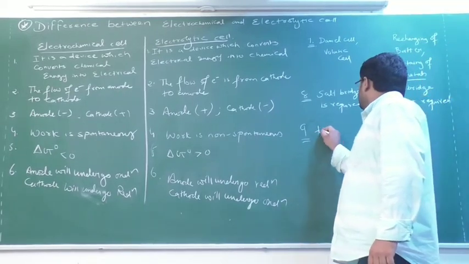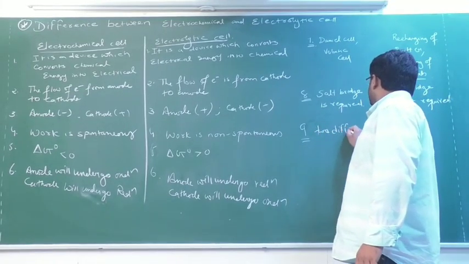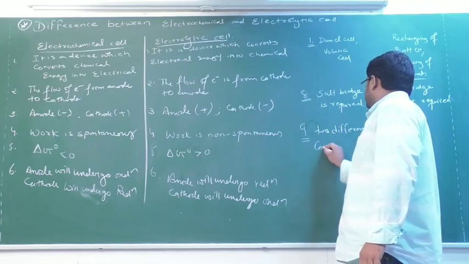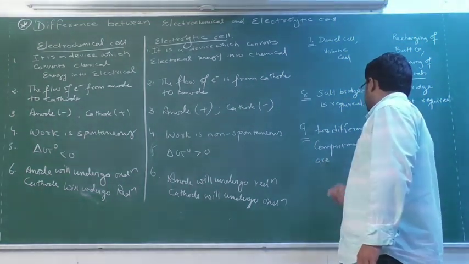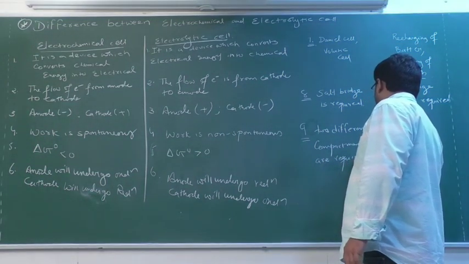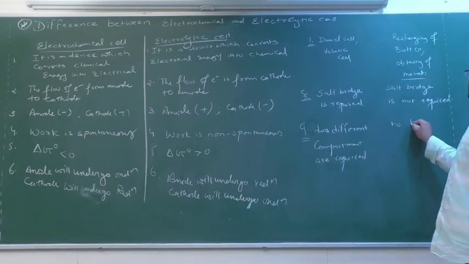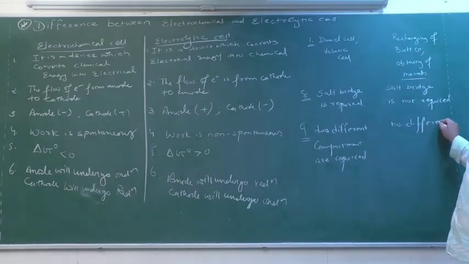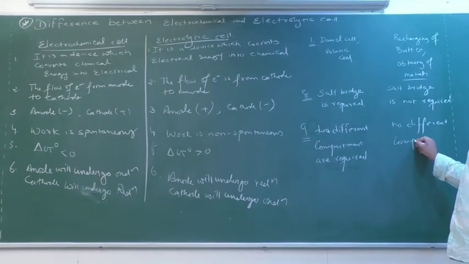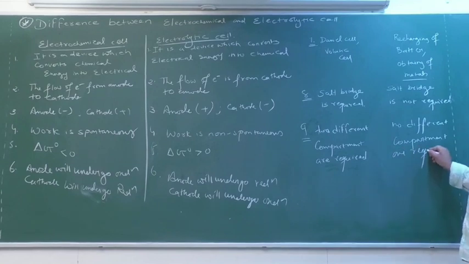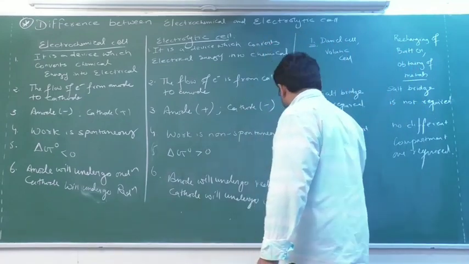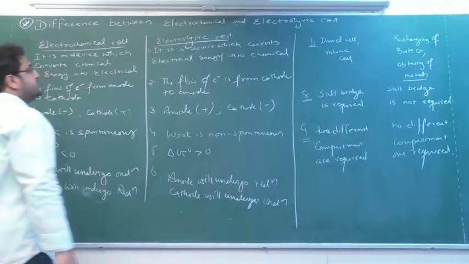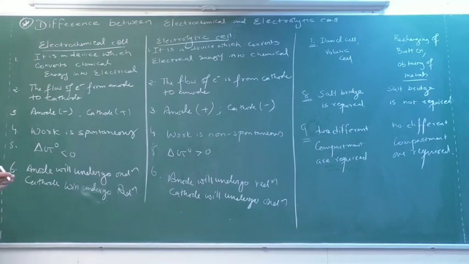So here, two different compartments are required, and here no different compartments are required. So this can be a certain basic difference between what? Electrolytic cell and electrochemical cell.